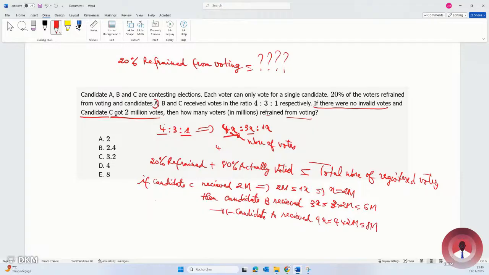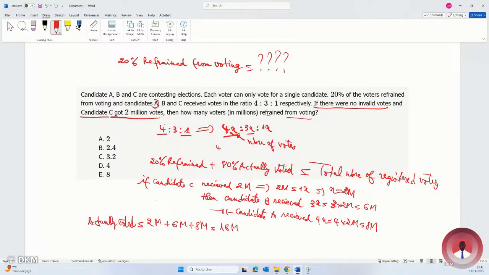So now we have the total number of people that actually voted, that went to vote for any of the candidates, which is equal to 2 million plus 6 million plus 8 million, which is going to give us 16 million. So 16 million people voted.